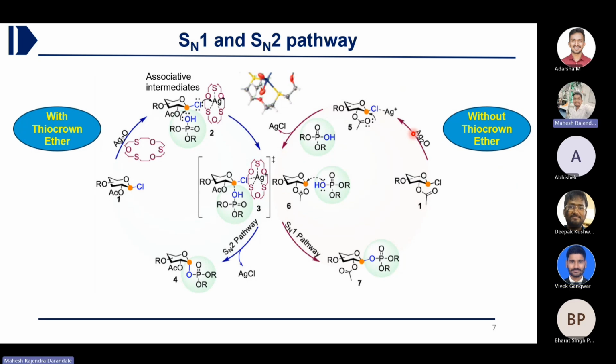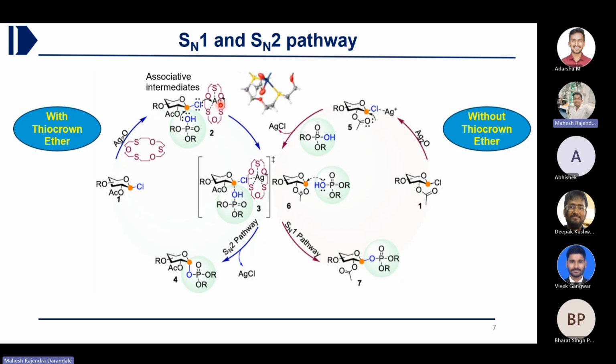So what they have mentioned here is that silver acts as a promoter. There is no problem in both cases; it acts as a promoter. Now they are slightly decreasing the strength of silver. For example, if only silver is coordinating with the chlorine, then there is a faster reaction and the chlorine will be removed easily, with formation of the oxocarbenium ion first, and then the reaction goes through that mechanism.